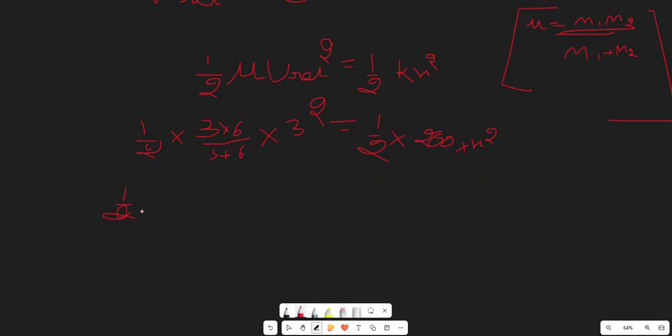So half into 18 upon 9 into 9 is equal to half of 200, which gives 100 x square. 9 into 2 is 18, so 9 is equal to 100 x square.